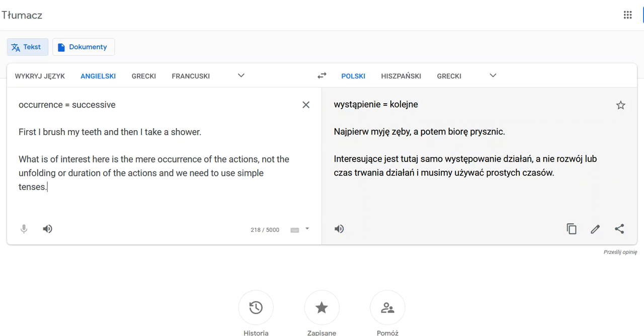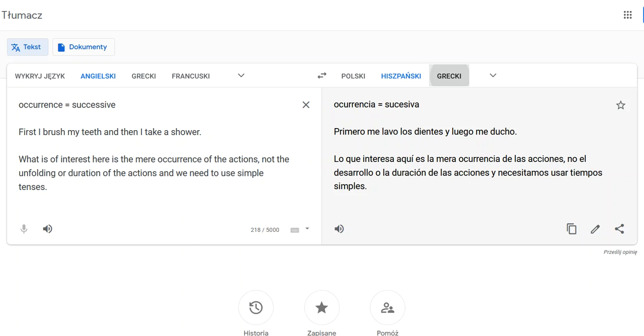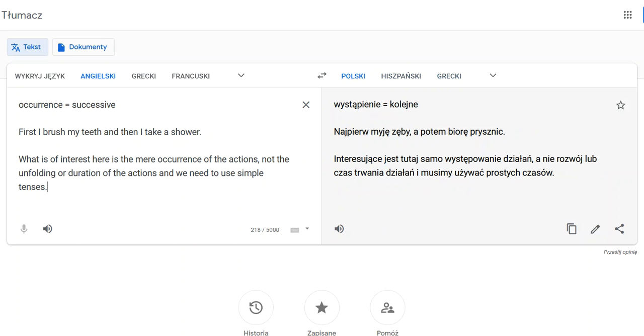Okay, so that's the point. Occurrence or successive, most of the time, they are synonymous, and it refers to what? That what is of interest is not the unfolding or duration of the actions, but rather their mere occurrence.